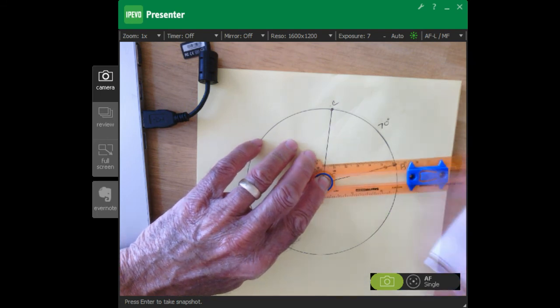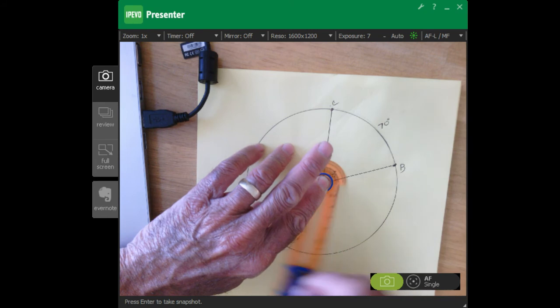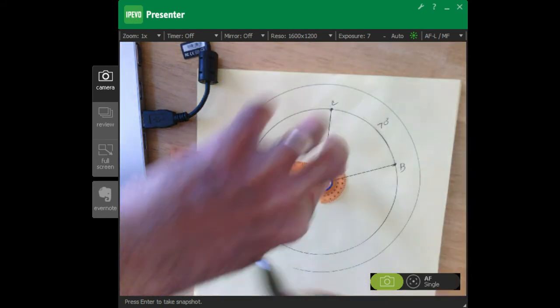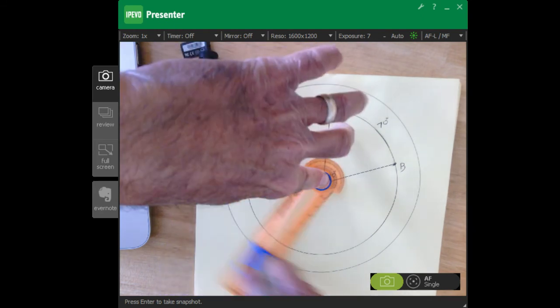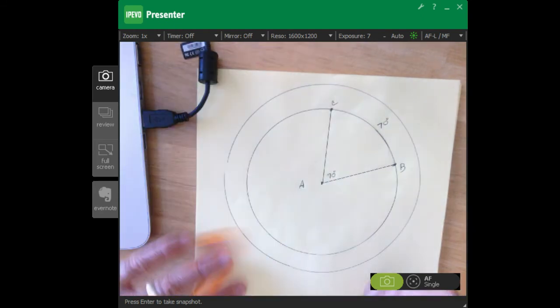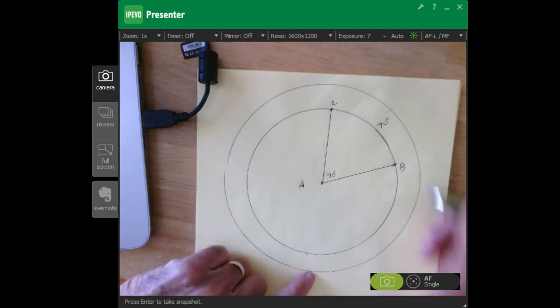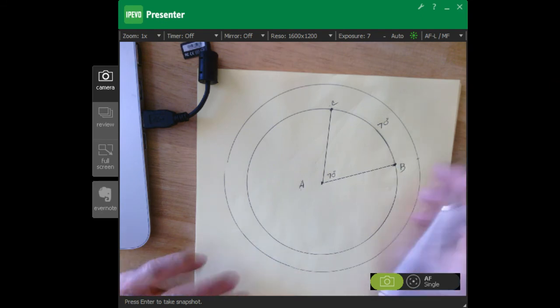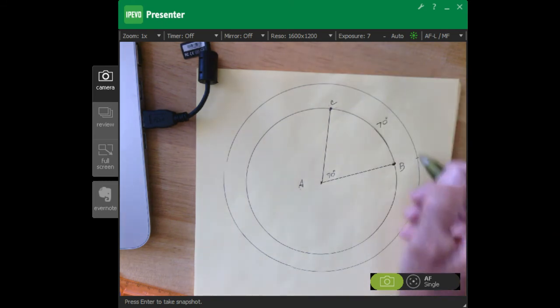So let's say we have another circle that has the same exact center. Now, let's say we have a planet here and a planet here, and they're going the same path, right?